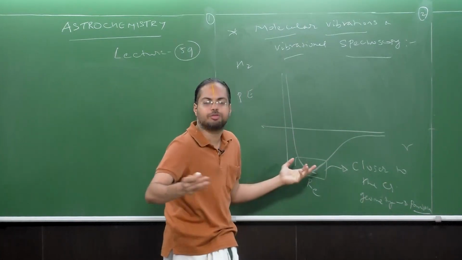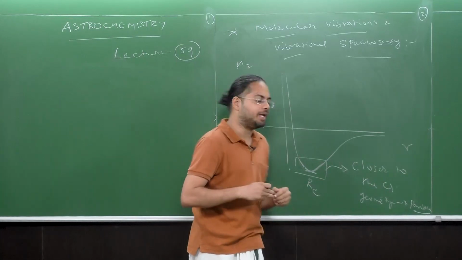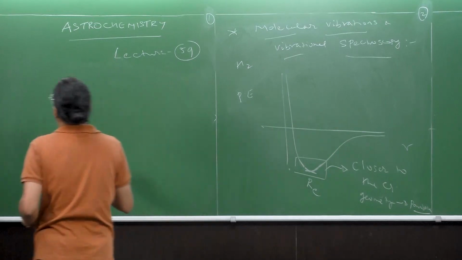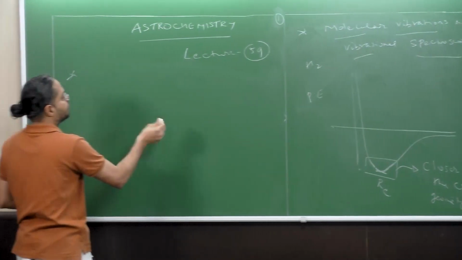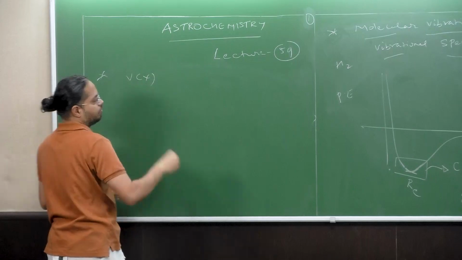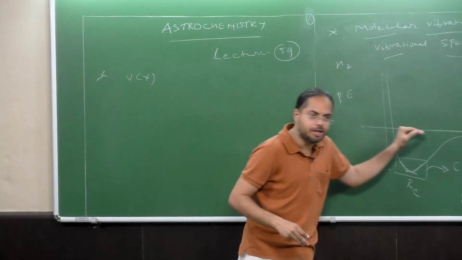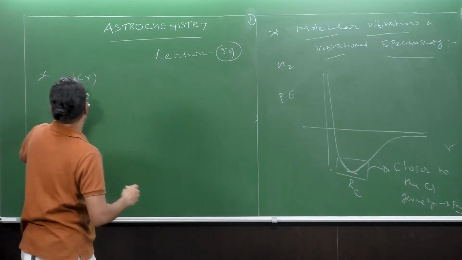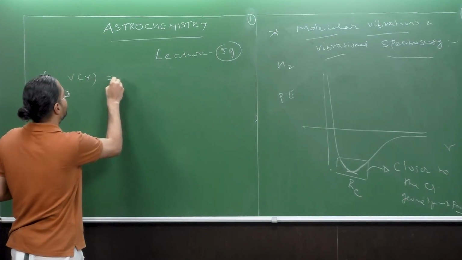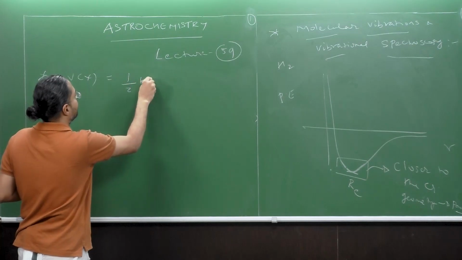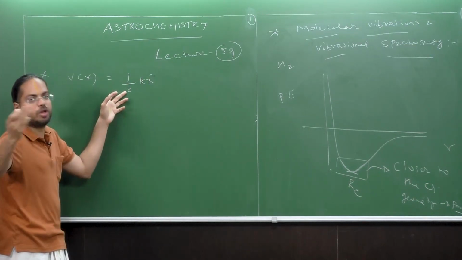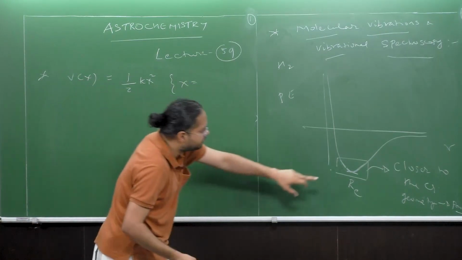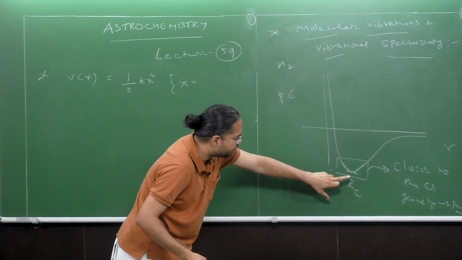Consequently, because we're just talking about motion along one dimension here, for this diatomic molecule the potential energy V of x can be defined as half times kx square, which is a parabolic potential, where x is some arbitrary displacement from the equilibrium position.